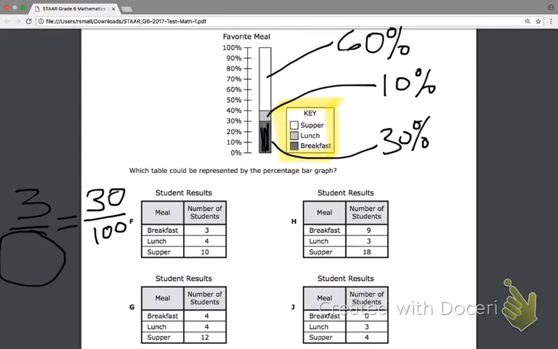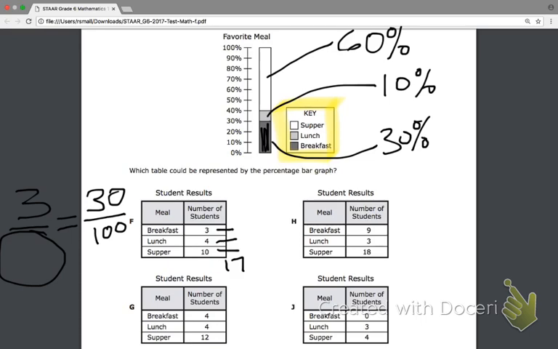So I need to count the total number of kids in my chart. So 3 plus 4 plus 10, that gives me 14, 15, 16, 17 total. So if I cross multiply and divide this ratio and get 17, I know that letter F is my answer.